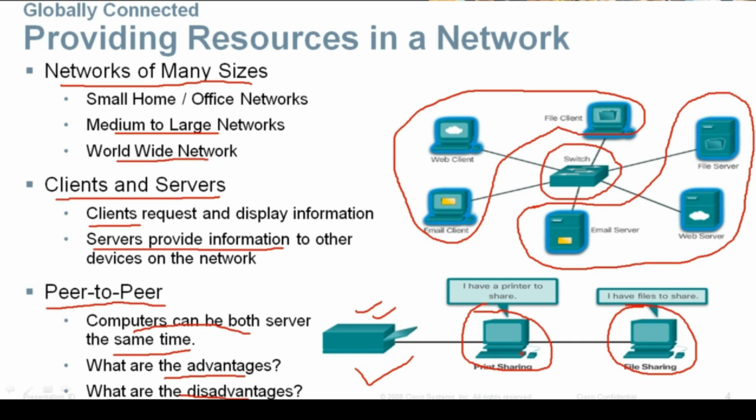From a security point of view, if you want to implement security, then you have to implement it on all the nodes, whereas in client-server it is possible to put security on the file server, majorly on the servers, so that it is automatically applied to the clients. So both architectures, either client-server or peer-to-peer, have their own advantages and disadvantages.